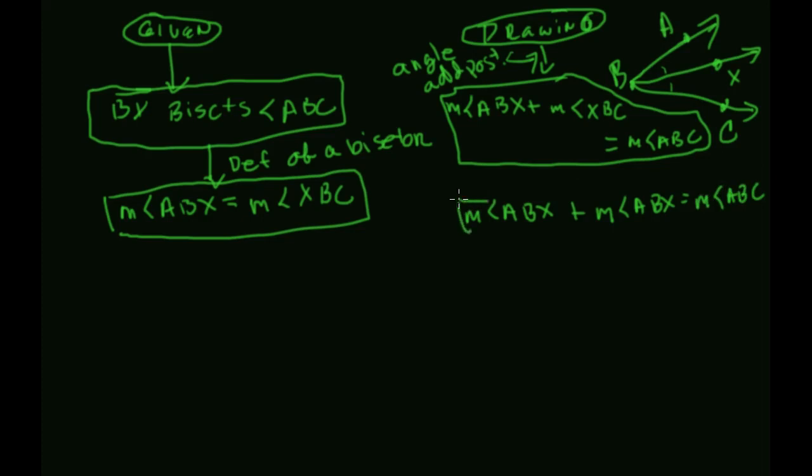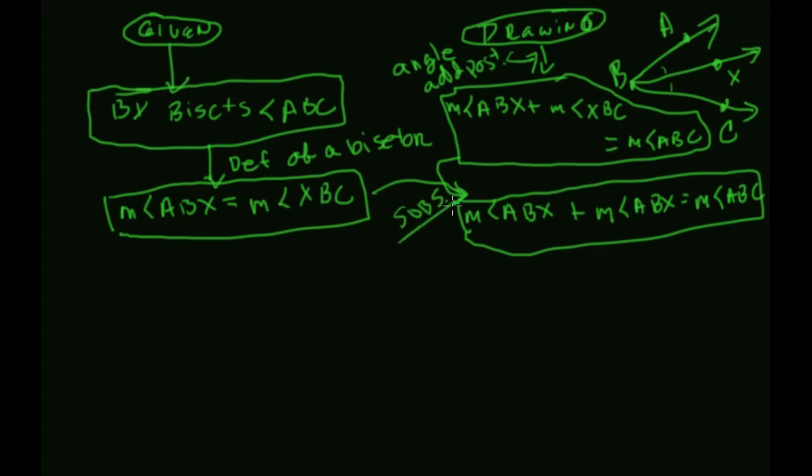Okay, so how did I get that statement? Well, it came from both here and here, and I used substitution to do that. All right, so here I can also rewrite this as 2 times the measure of angle ABX is equal to the measure of angle ABC.